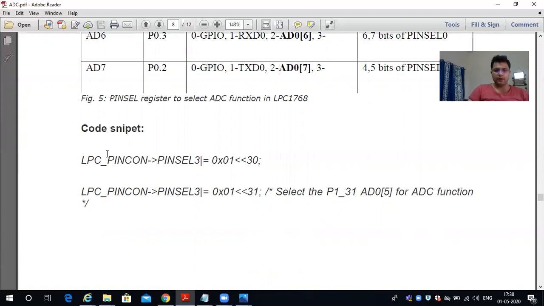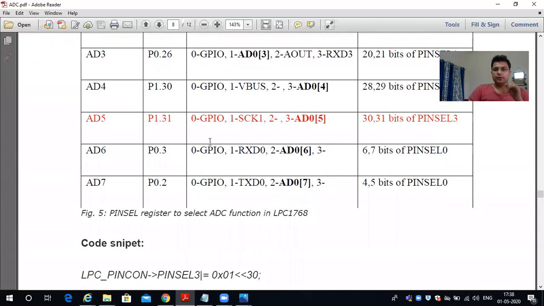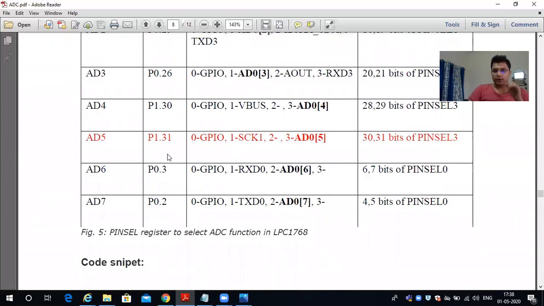So here, in this example, our idea is to configure port number 1, pin number 31 as AD5.